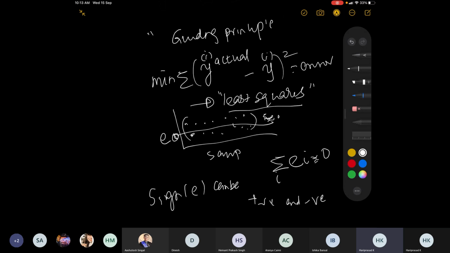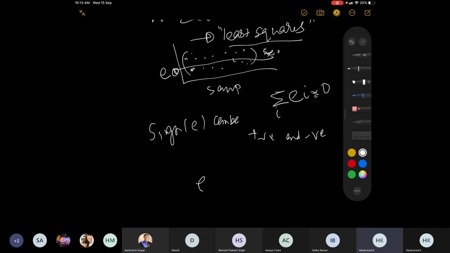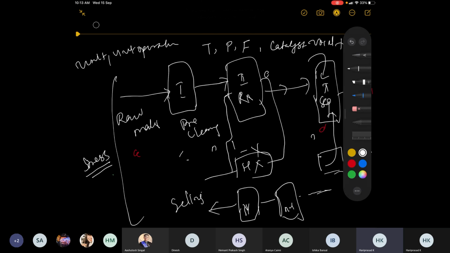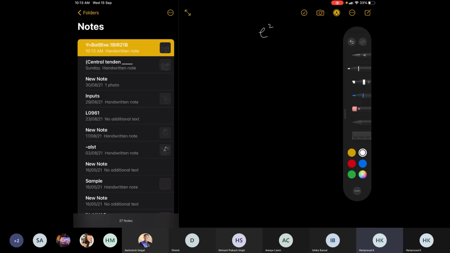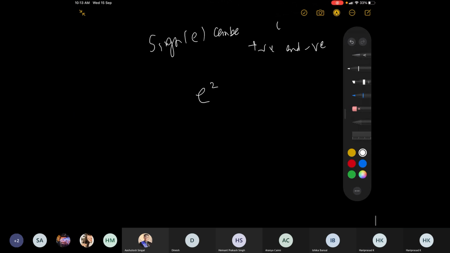But if it is a square, you are sure that the negative value will also be equivalently positive. And also one more important thing. So what if you put a square?